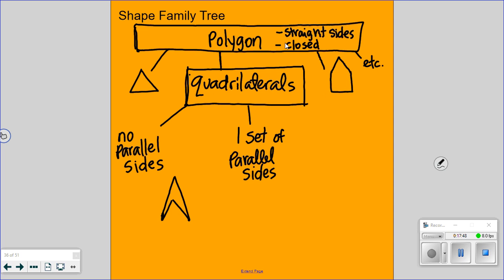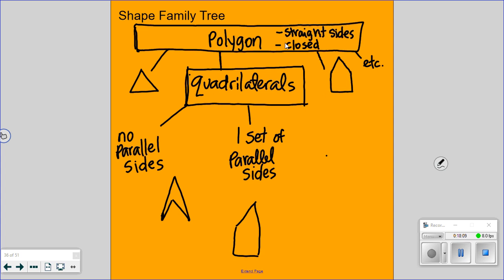Try not to put your wrist on the board when you're drawing. Can you do it underneath? Good. So there's one version of the trapezoid. But we know there's more than one version. What's another version look like?